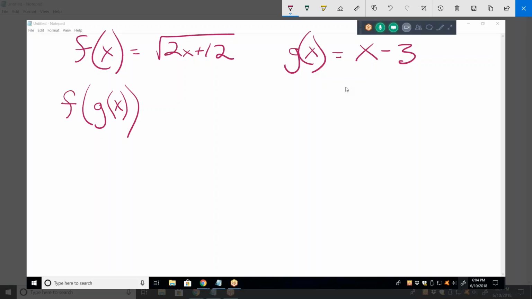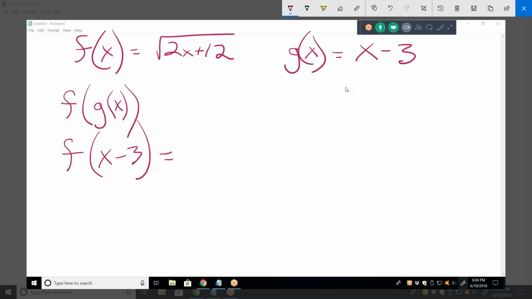If I said, what's f of 2? What would you do? I would put 2 in for each of the x's in the f function. So you get the square root of 16, right? Correct. So when they say f of g of x, instead of g of x, let's put in what g of x is, x minus 3. Now, how do I get f of x minus 3?